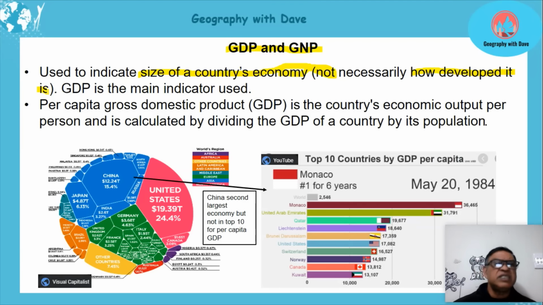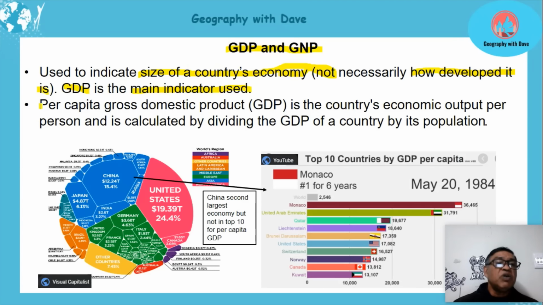Let's take it step by step. The GDP obviously is the main indicator used to determine the size of a country's economy. Now, I'm going to throw another concept into the mix in order to explain the difference between size and how developed a country is. I know it's not in your curriculum, but it'll make the understanding easier.